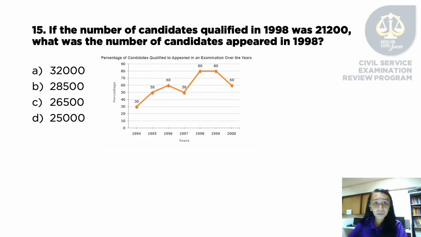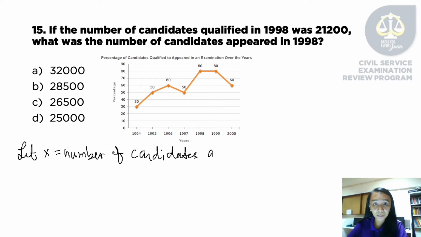Okay, if the number of candidates qualified in 1998 was 21,200, what was the number of candidates appeared in 1998? So how do we answer this type of question? We let X be the number of candidates who appeared in 1998.